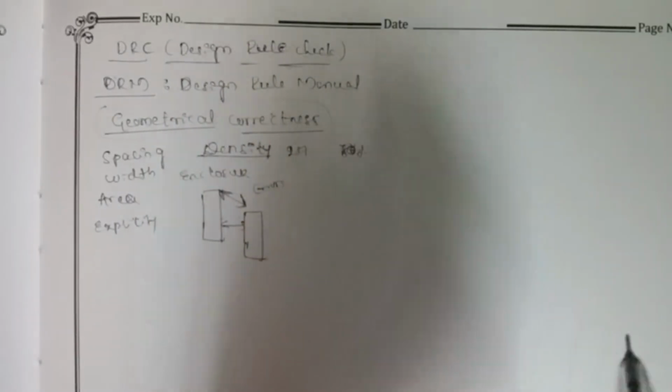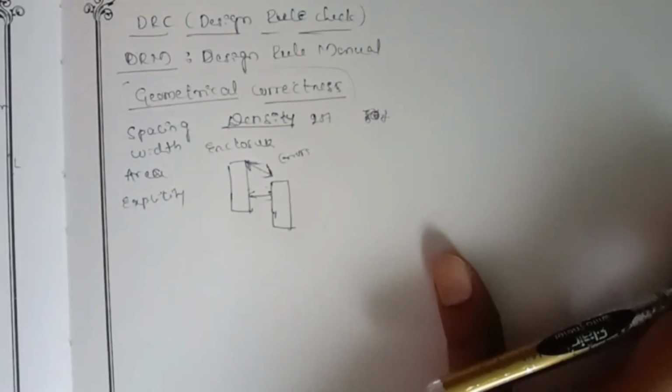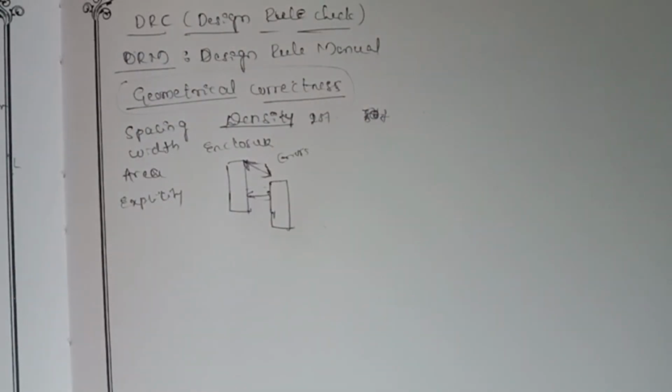It is a kind of DRC. Reliability and robustness matter, so for reliability and robust purpose, we go for the DRC.